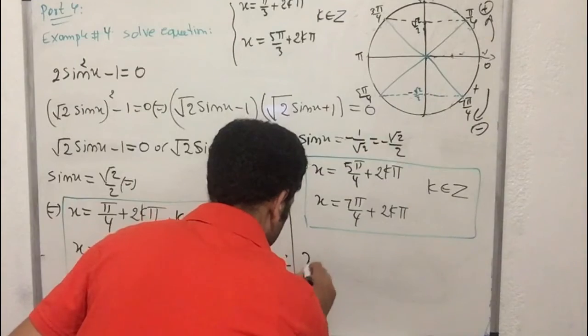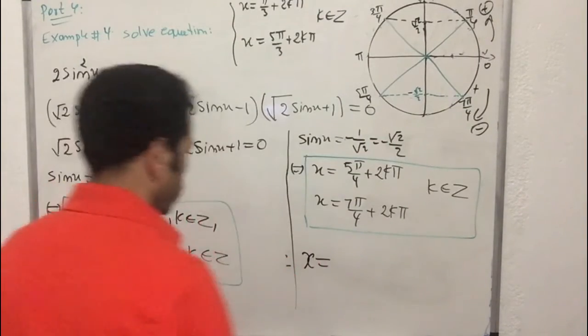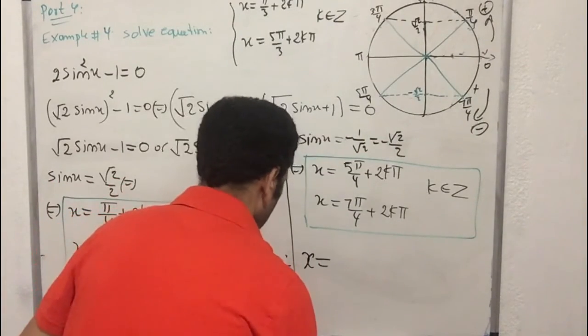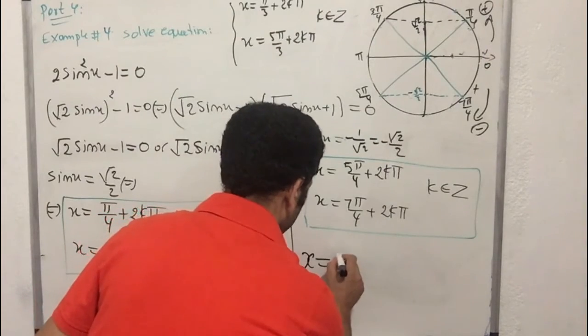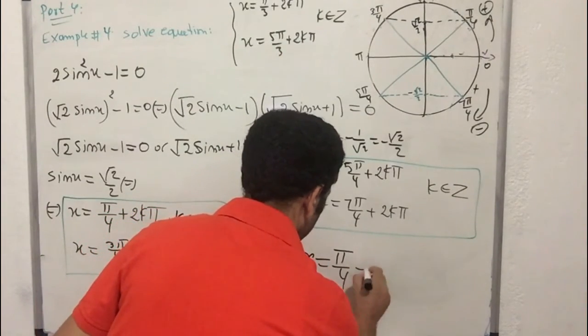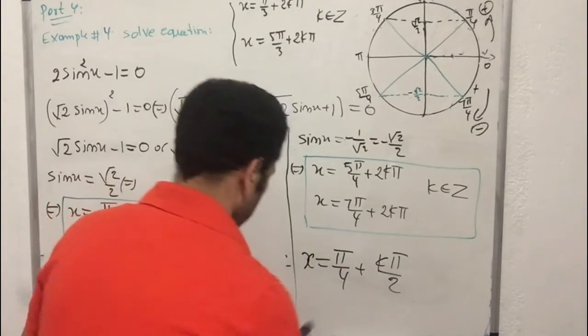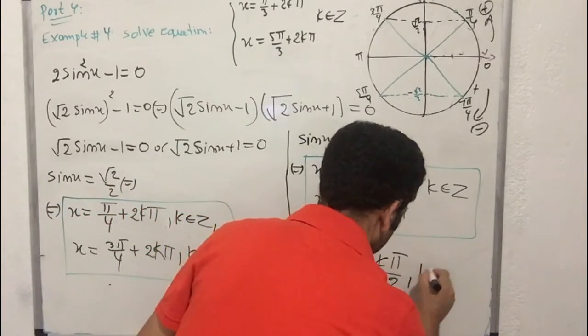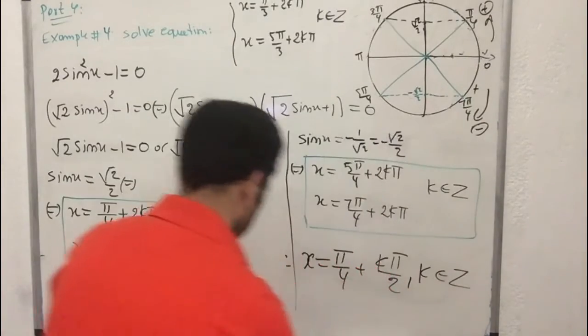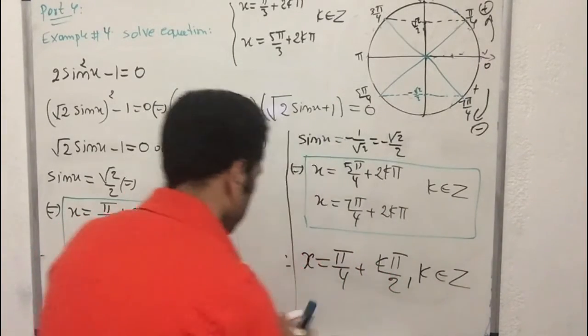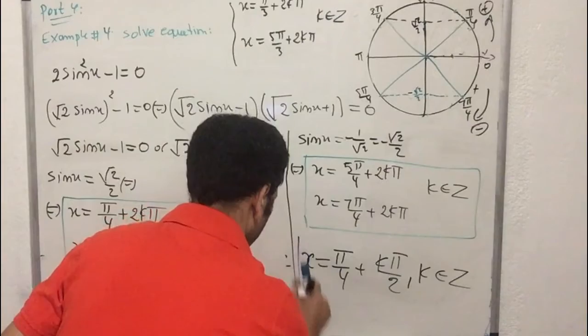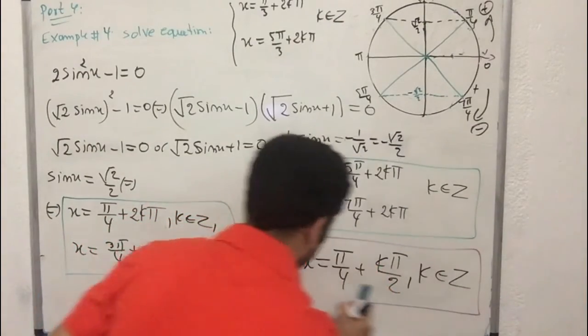I can put x as the whole solution of these 4 equations: x equal to pi over 4 plus k pi over 2, with k an integer, okay? This is the main solution of these 4 equations.